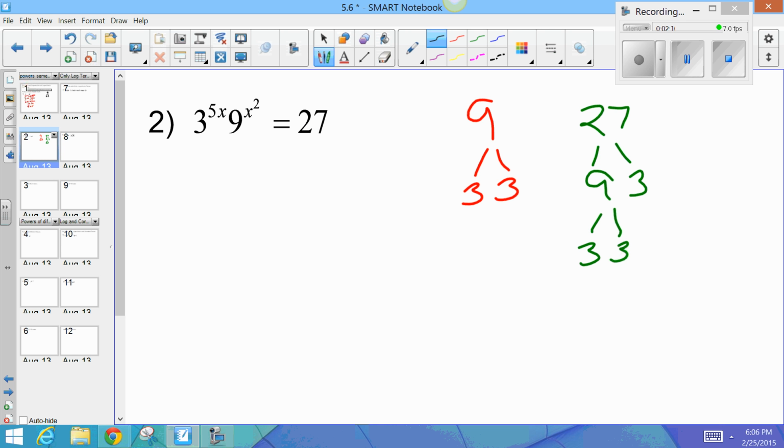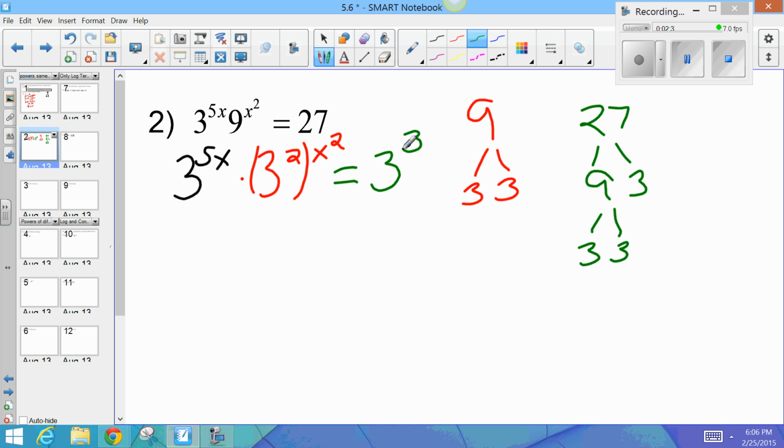So just bring this one down. So the 9 now becomes 3 squared, and the 27 now becomes 3 cubed.